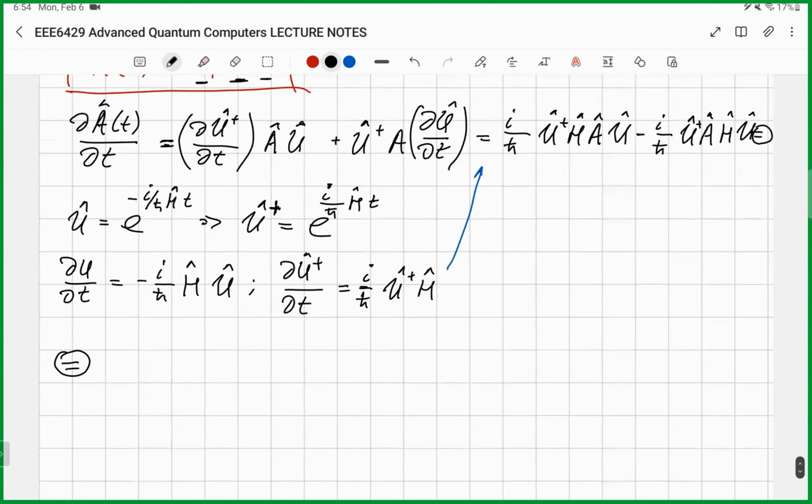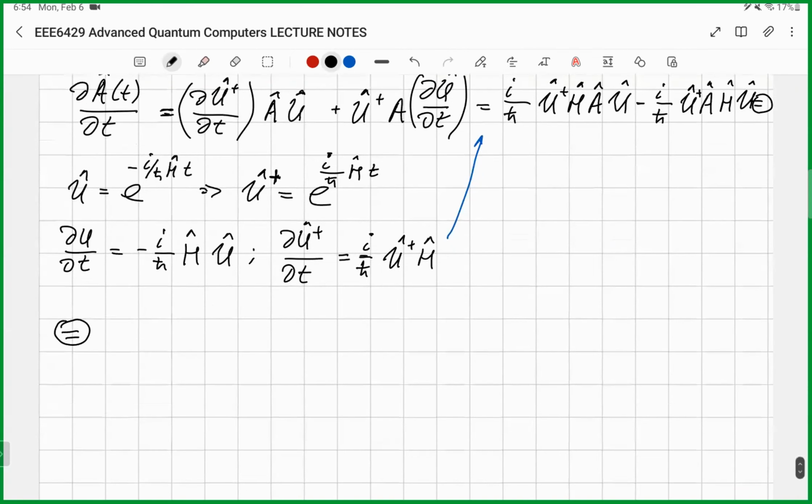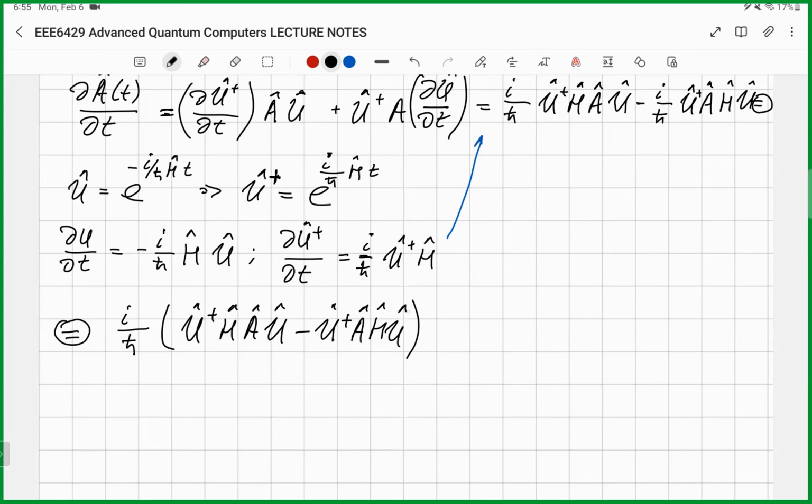So it will be equal to, I take i over h out of the brackets, right? And here I will have U dagger H A U minus U dagger A H U, operators, of course. All these are operators.